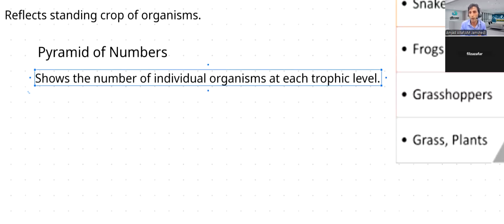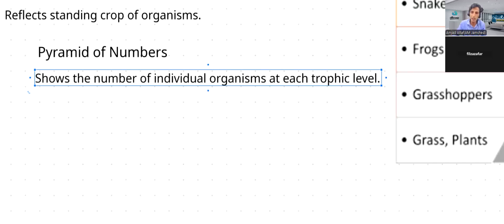It depends on the ecosystem in which we are taking those pyramids. If you compare with the pyramid of energy, the pyramid of energy is always upright. It would never be in inverted form. The pyramid of biomass can be inverted; most of the time it is upright, but sometimes it is inverted as well. The pyramid of number depends on the ecosystem in which we are measuring those specific numbers.